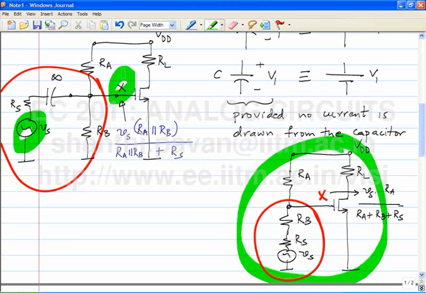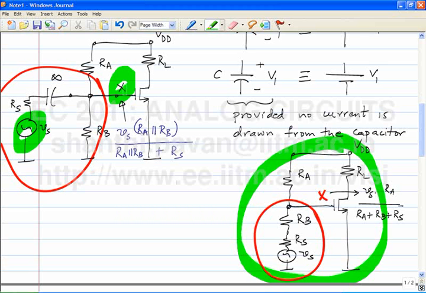Okay, and how will this gain ever approach 1? When Rs is very small. If Rs, you have no control over Rs, what can you do to Ra and Rb? Let's say, you have a source, you have hardly any control over the source. So what would you do to make the gain from Vs to X approach 1?